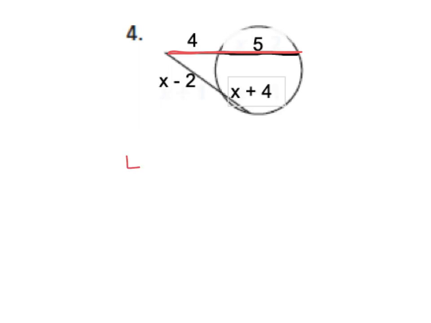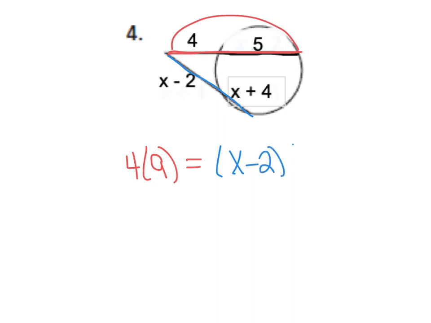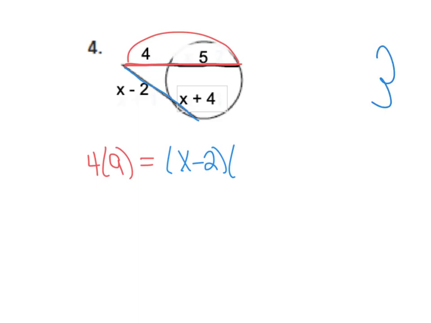The outside is 4. The whole thing is 4 plus 5, which is 9, equals the outside of the other one, which is x minus 2, times the whole thing.